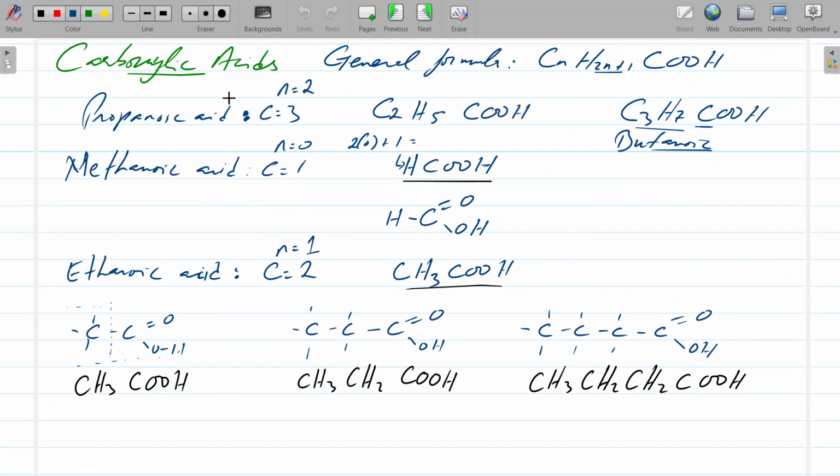No, this is a carboxylic acid. The functional group of carboxylic acids is written as COOH in the molecular formula.